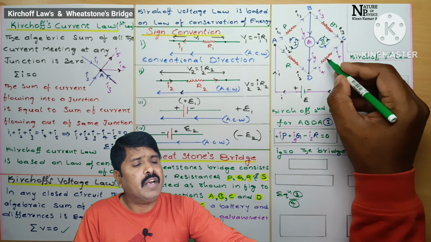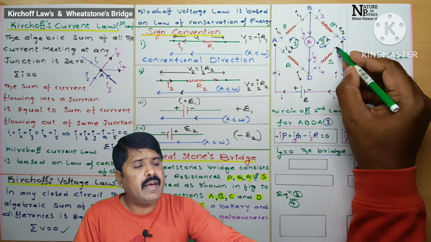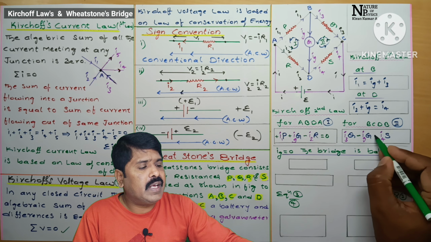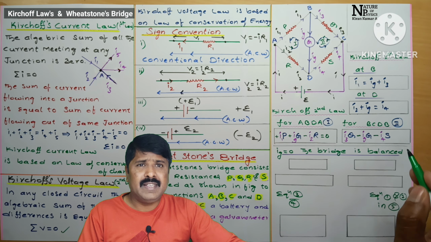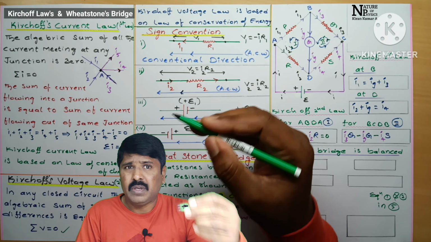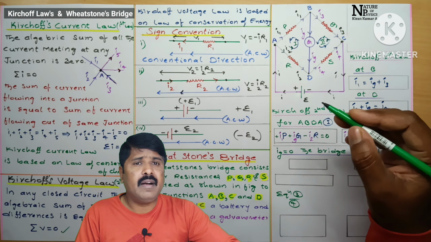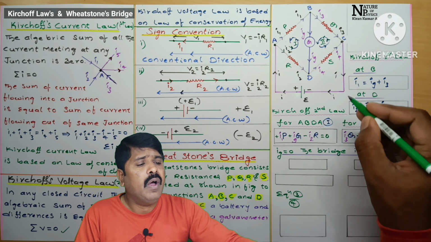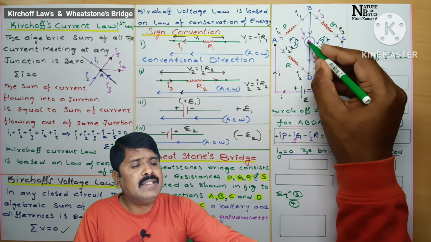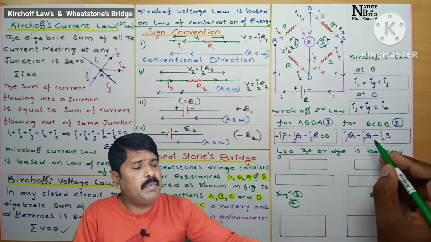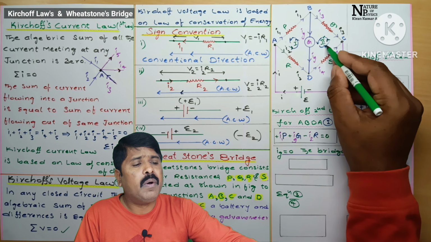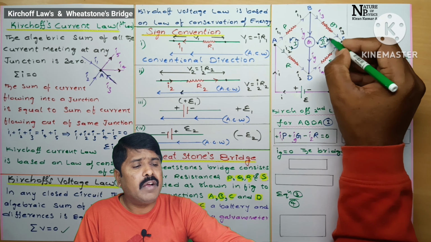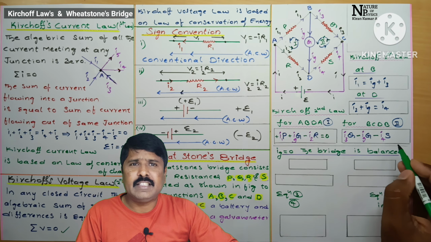And next, the I4 current and conventional direction are in the same direction, so it is taken as negative. Remember, when the current direction and conventional direction are the same, that current is taken as negative. According to loop 2, IG has the same conventional direction, taken negative, I4 has the same conventional direction, taken negative, and I3 has the opposite conventional direction, taken as positive.